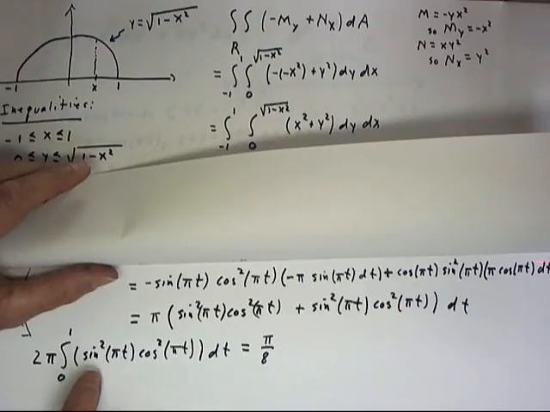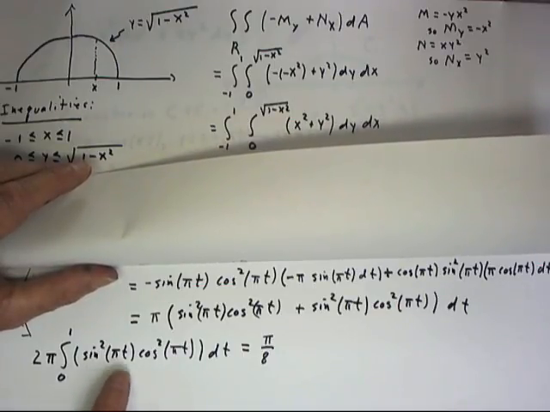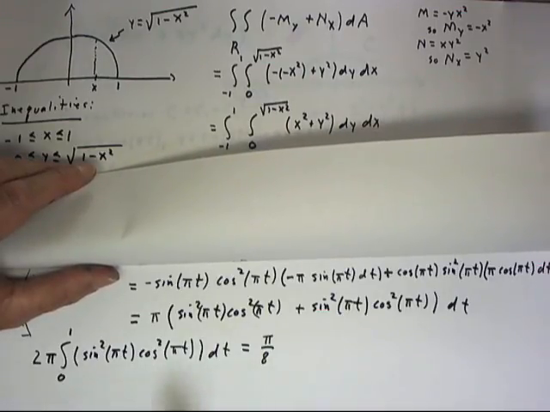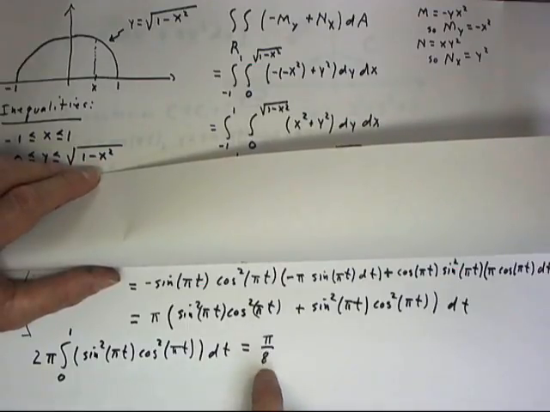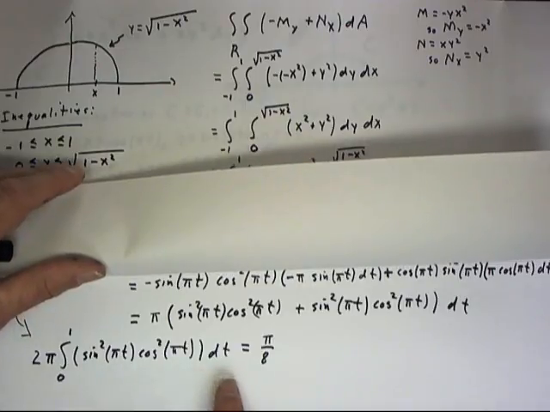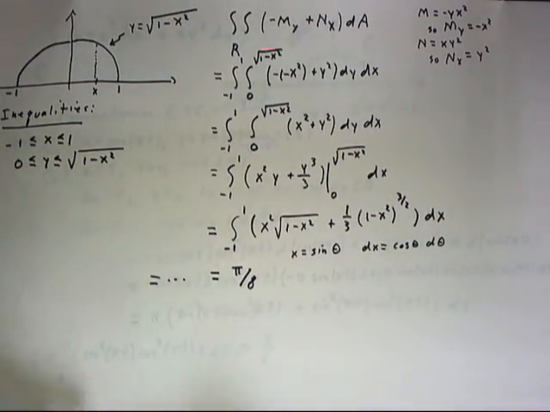More importantly, the average value of the sine times the cosine is going to be 1/2. Using that fact and a little bit of reasoning, we can figure out that this integral should end up being pi over 8. Well, let's not go into the details of that. One way or another, there's a symmetry argument that allows us to determine this without doing the actual integration, but we should do the actual integration here and here, and we do get the same thing.